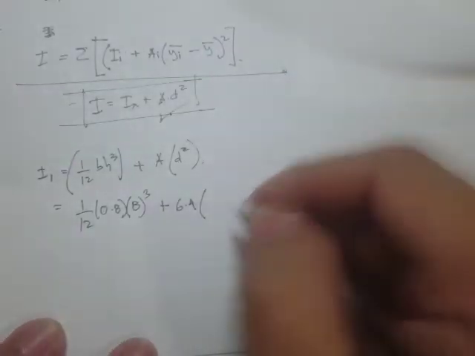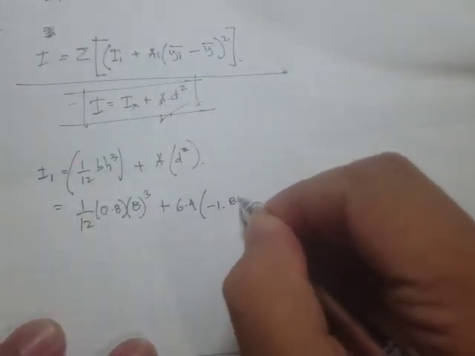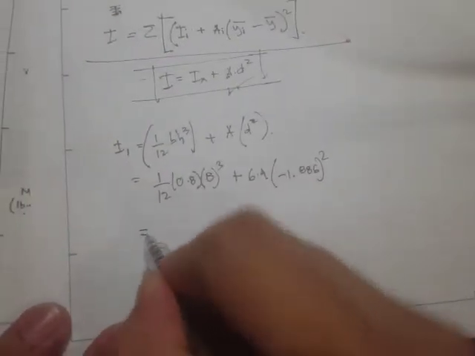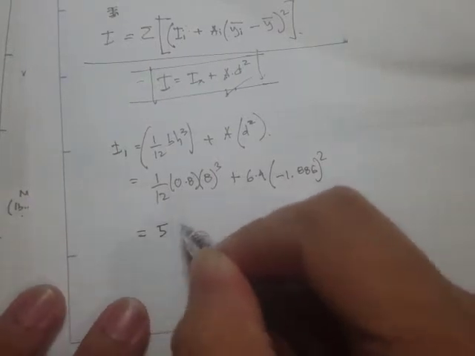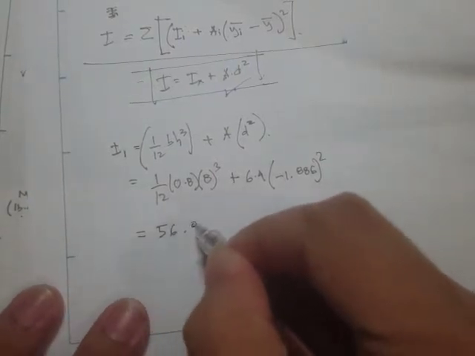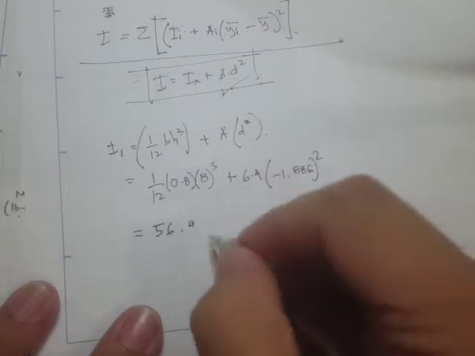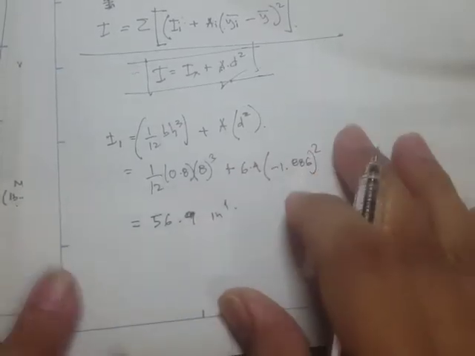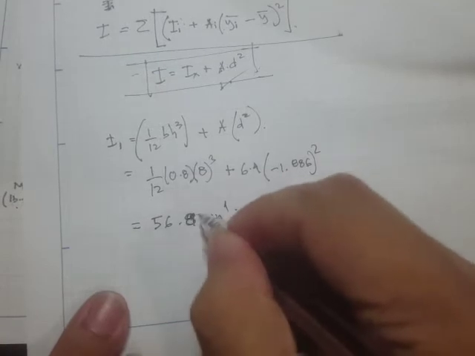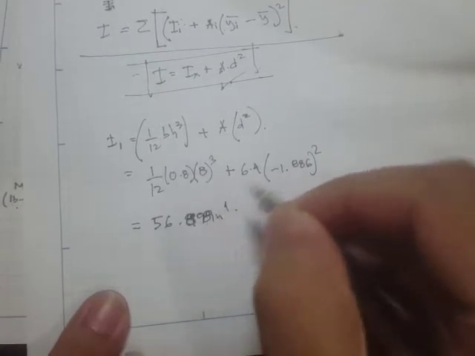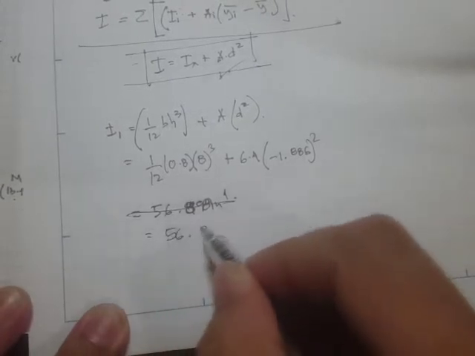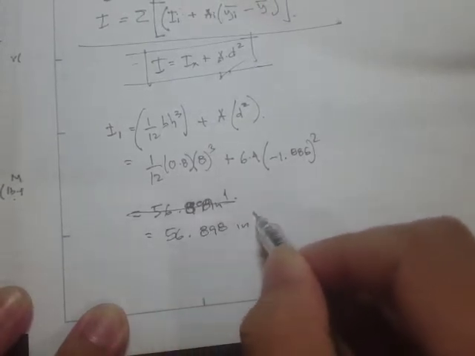So we have negative 1.886 squared. If you do the math, our value right here is 56.898 inches to the fourth.